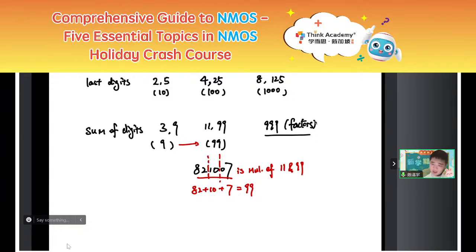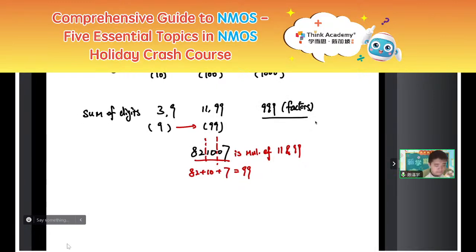Now the last group, which will give us another way to test whether it's a multiple of 11. Okay. Who still remembers what the divisibility rule of 7 is? Guys, what is the divisibility of 7?